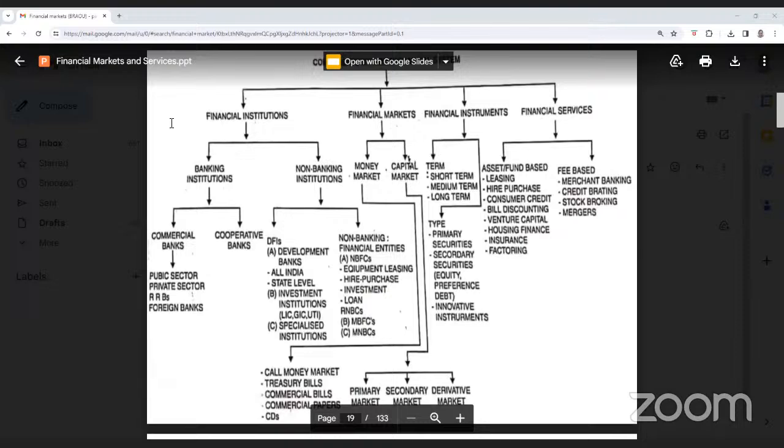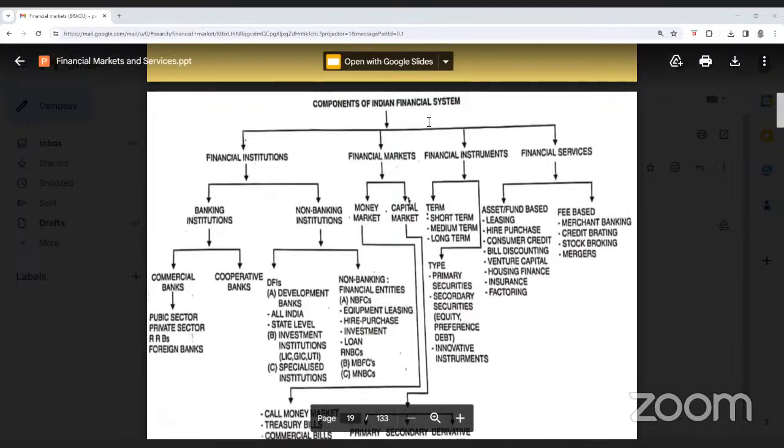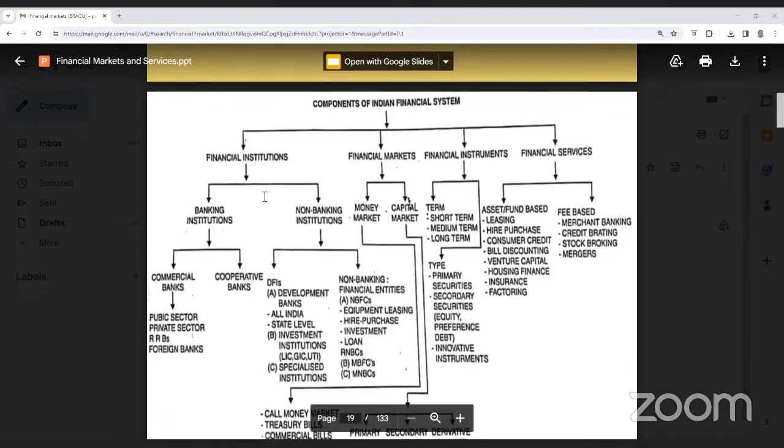That is the structure of the financial system in India. What are the components of the Indian financial system? That is financial institutions, financial markets, instruments, then financial services. Financial institutions are classified into two: one is banking and the other one is non-banking.